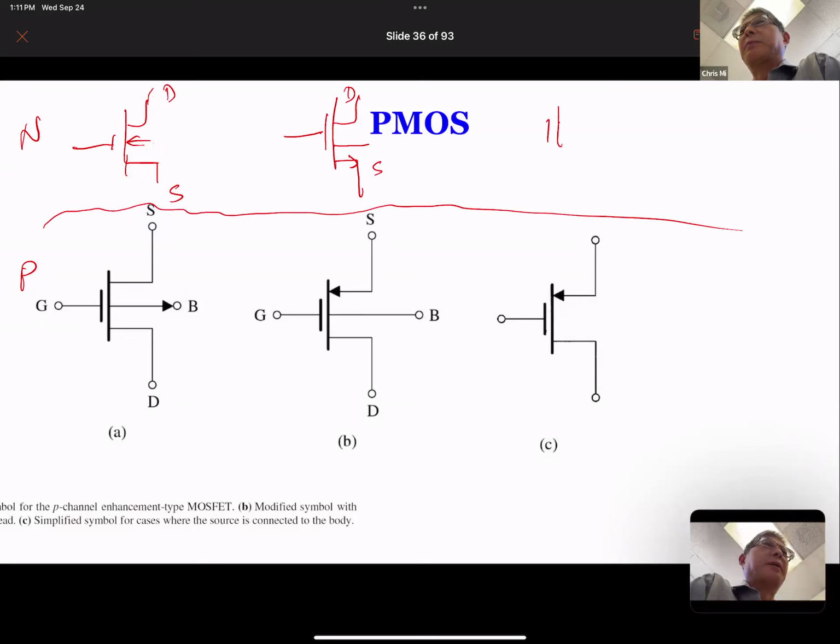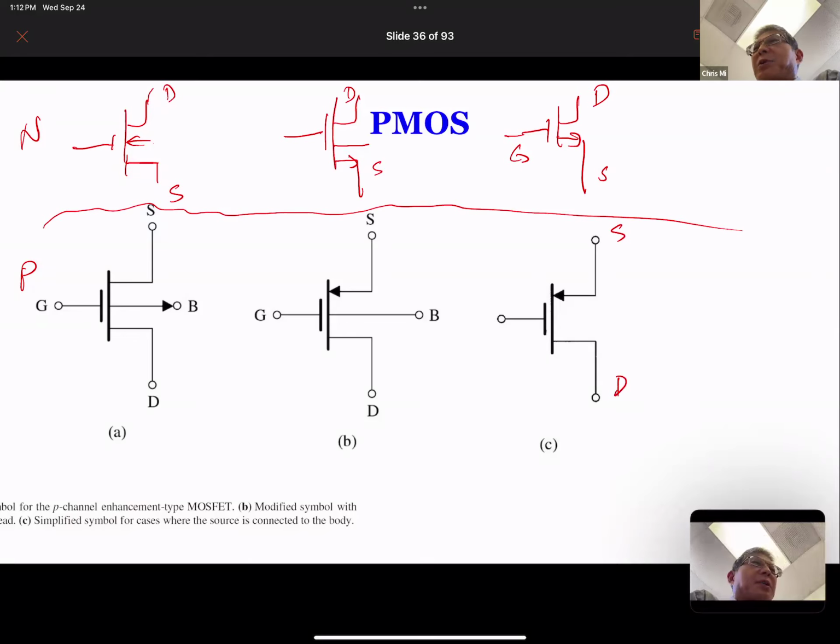As you can see, the difference is that the source and drain are flipped to represent the direction of current going through S to D.